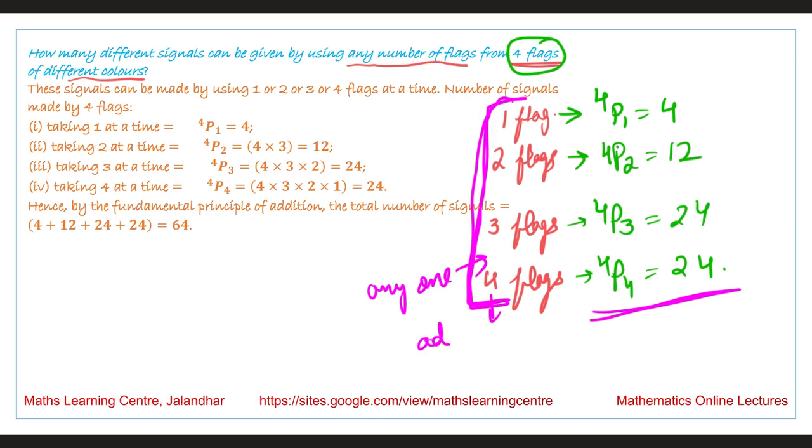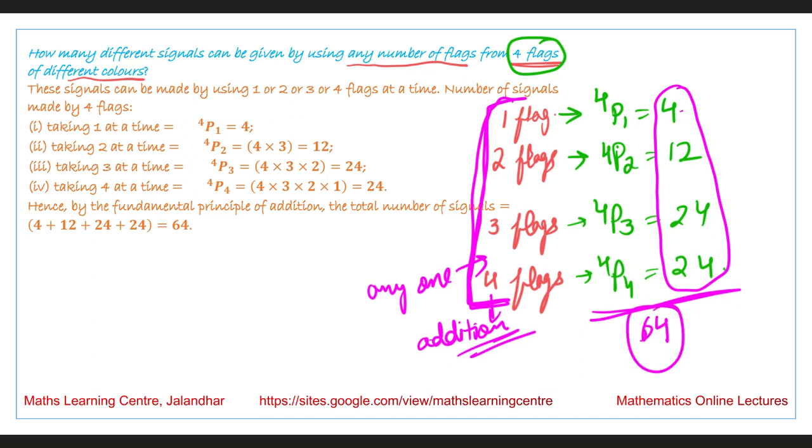So we are talking about the addition theorem, which means we have to add all these values. So the total number of ways we have is 64.